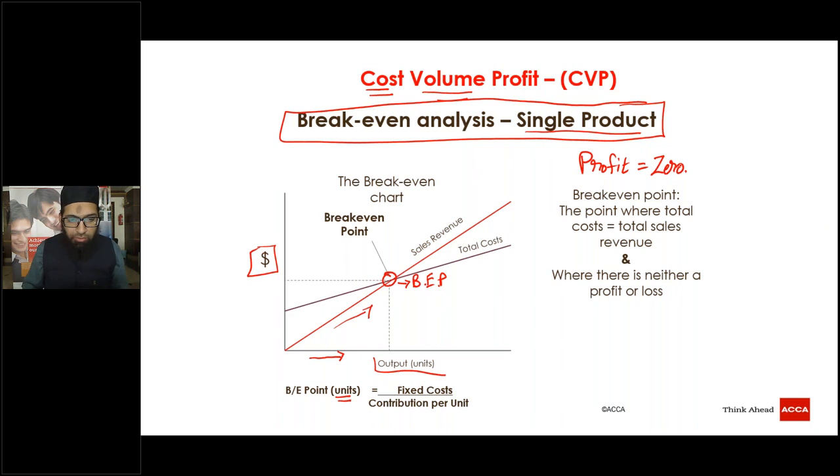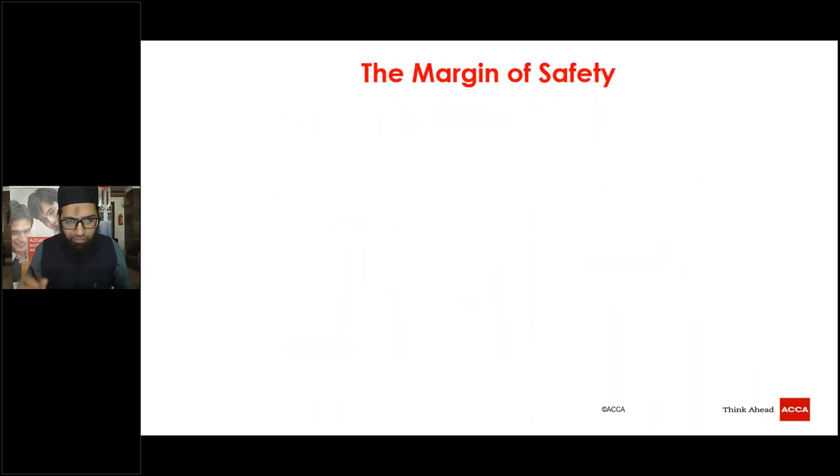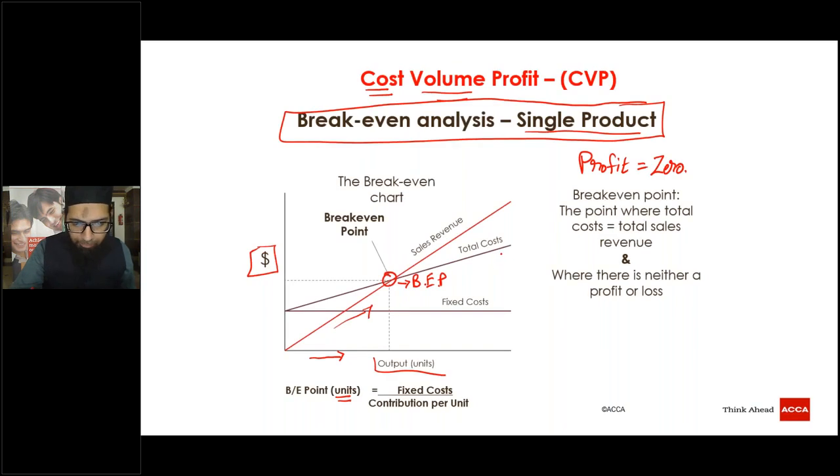Now, if we put a line under the total cost for fixed cost, then we have a gap. Now there is a gap between the total cost and fixed cost. This will be known as variable cost.